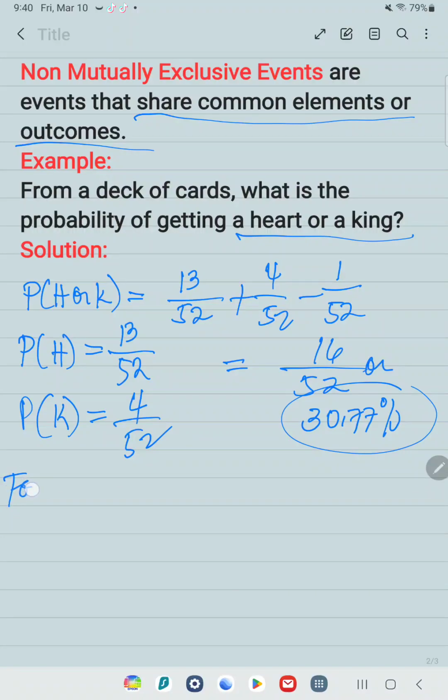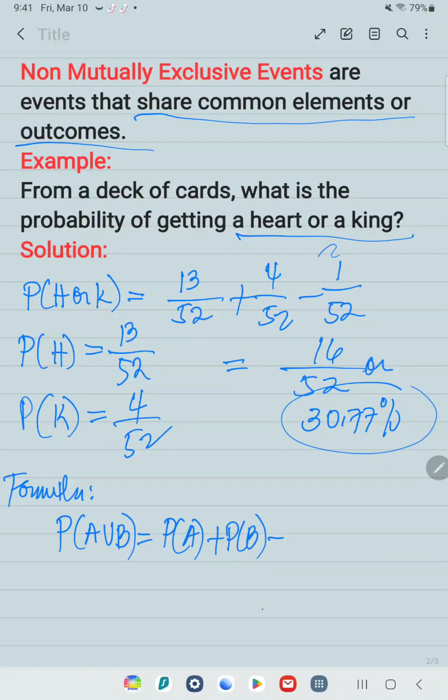So the probability of getting a heart or king is 30.77%. The formula for non-mutually exclusive events: the probability of A union B is equal to, where A is the first event and B is the second event, and union because it's OR, the probability of the first event, A, plus the probability of B, minus this 1 over 52 here, that is the intersection.